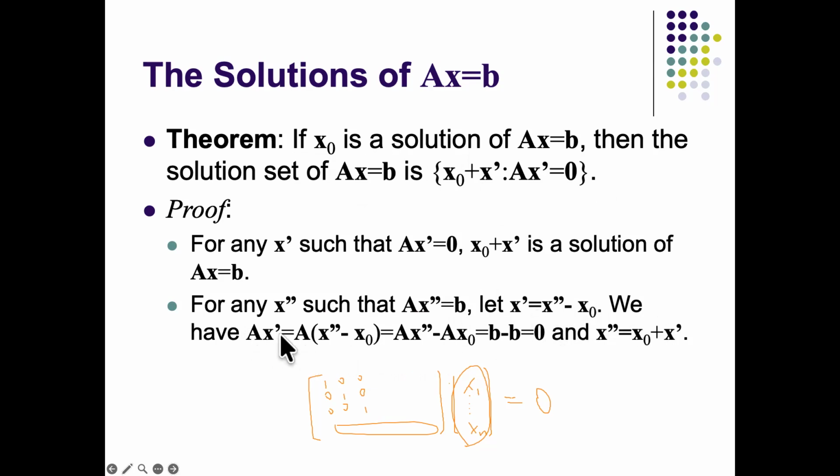Then we multiply A on the left-hand side of X prime, which equals A times this one, and we use the distributive law: AX double prime minus AX0. AX double prime is B, and AX0 is B, so B minus B is 0. So AX prime equals 0, meaning X prime is in the null space. Okay, so this is the proof of this theorem.